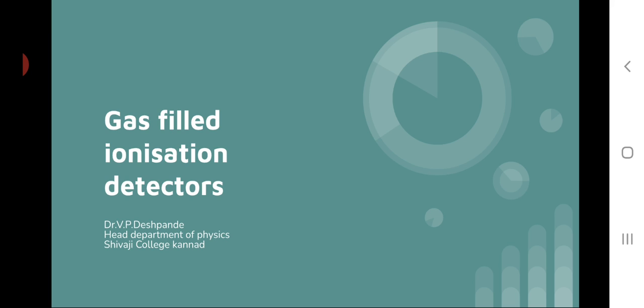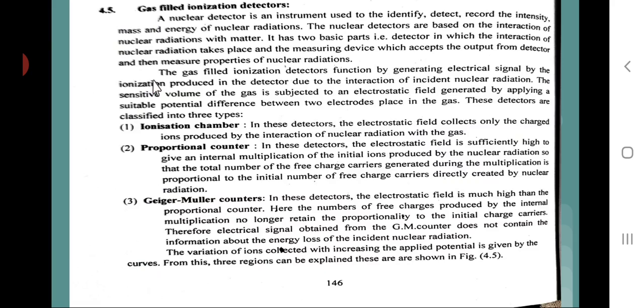Now, this is gas field ionization detectors. A nuclear detector is an instrument used to identify, detect, and record the intensity, mass and energy of nuclear radiations.